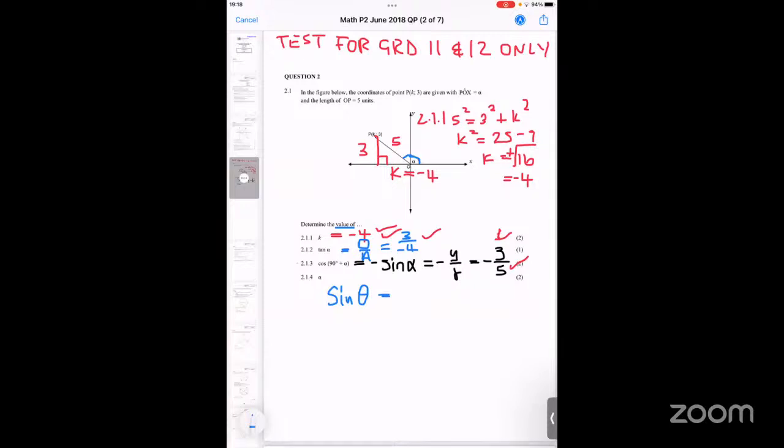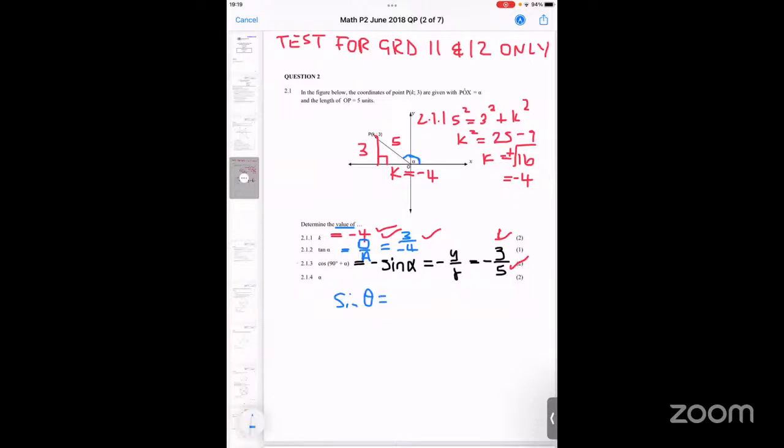Tan is opposite over hypotenuse. So is it tan or sine? I'm going to use sine, sir, because it's in the second quadrant.